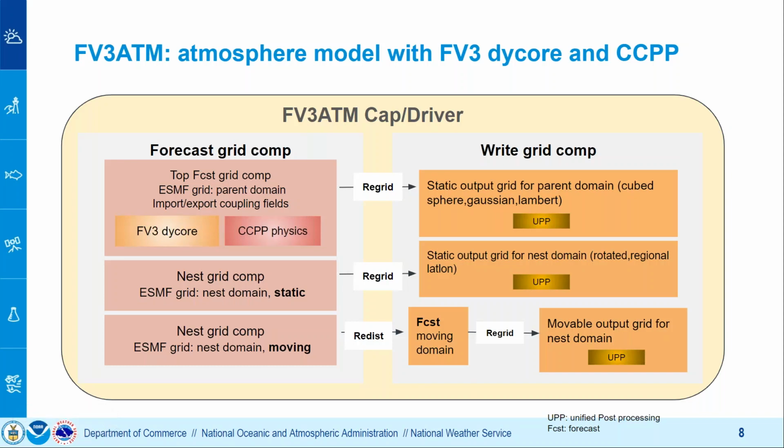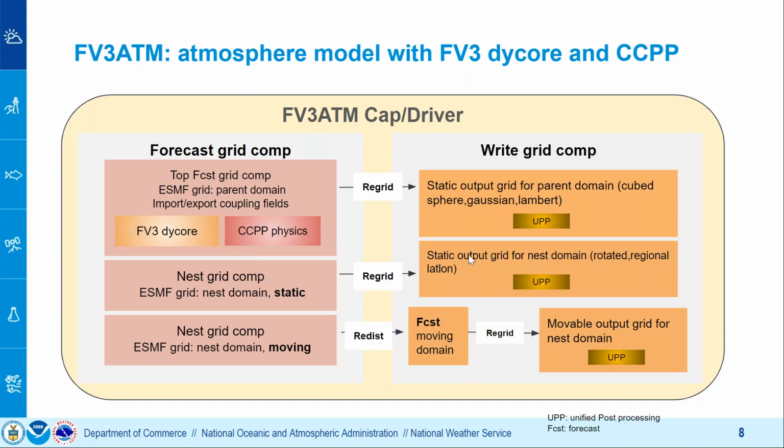Since then, the previous GFS physics package was replaced by the CCPP framework and physics, so it can support many different physics packages. And after that, we also have asynchronous I/O supported.